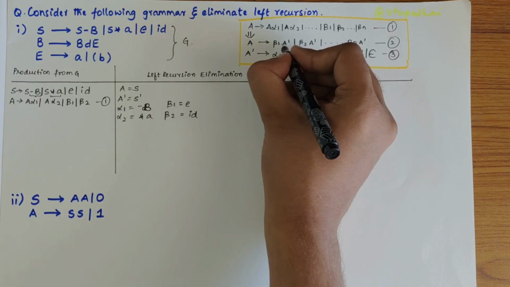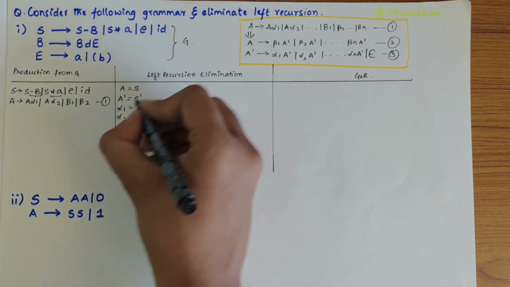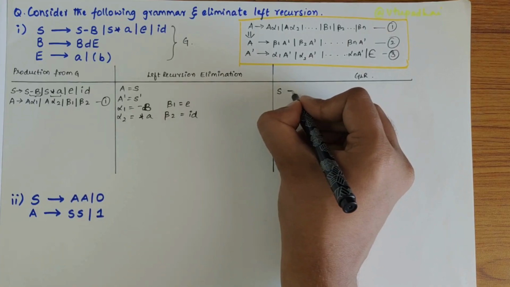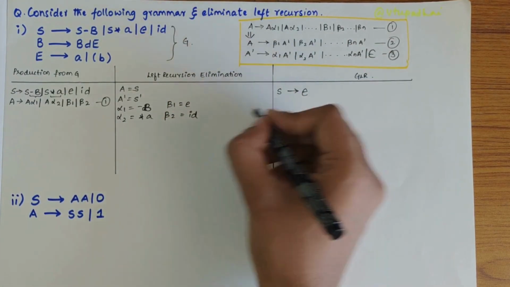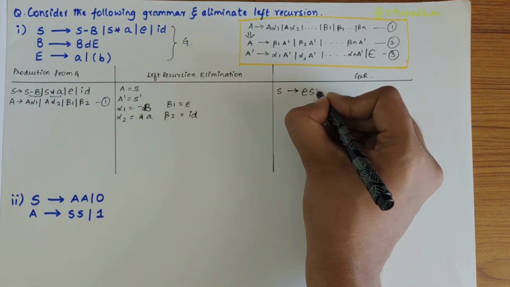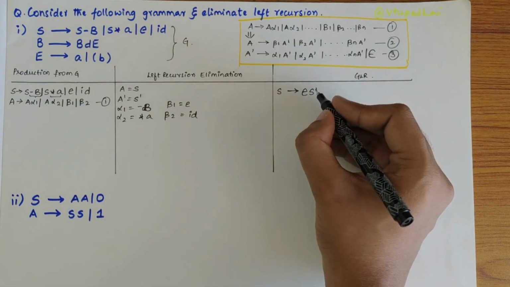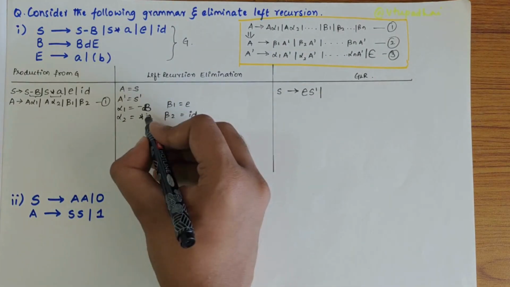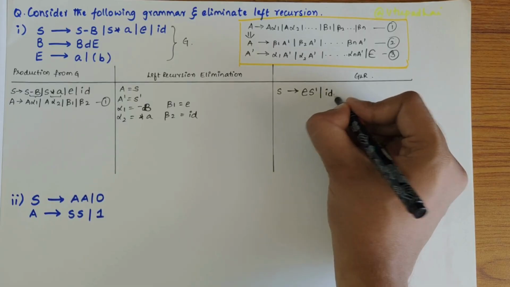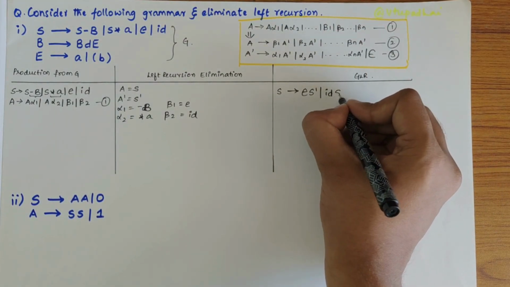A derives beta 1 A dash. So A here is S, and S derives beta 1, what is beta 1? E, then A dash is S dash, so E S dash, and then we have beta 2, that is ID, and again A dash, that is S dash.